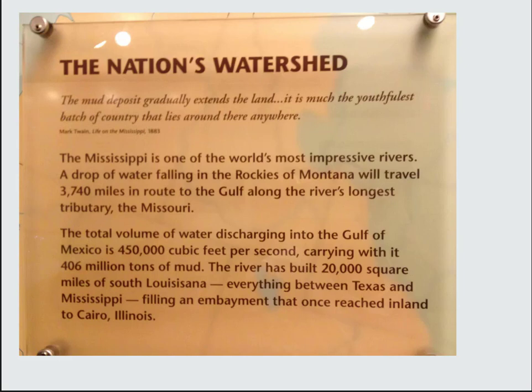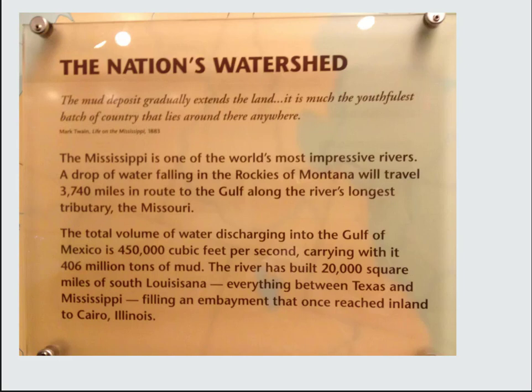So you can clearly read this, but I think that I'll just read some of it for you because I want you to think about the fact that a drop of water falling in the Rockies of Montana will travel about 3,700 miles en route to the Gulf. The total volume of water discharging into the Gulf of Mexico is 450,000 cubic feet per second.